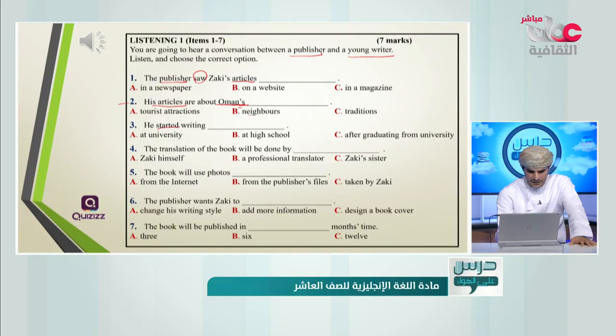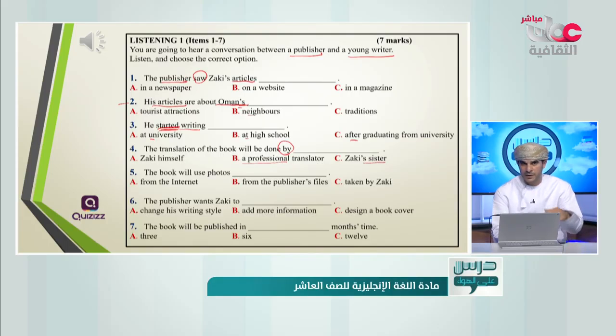Zaki started writing at university, at high school, or after graduating from university. Number 4. The translation of the book will be done by whom? Zaki himself, a professional translator, or Zaki's sister.